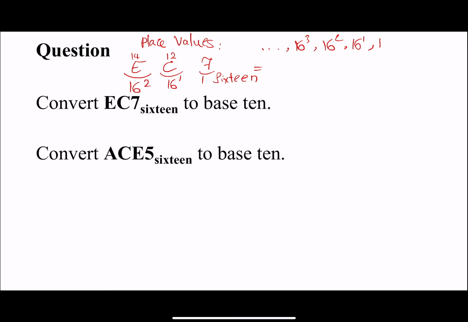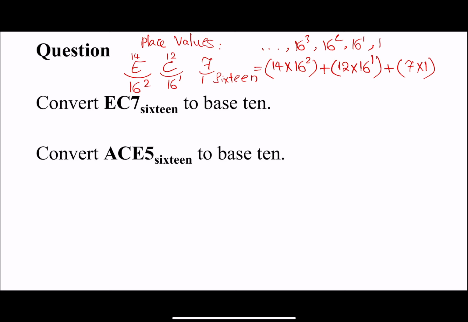So what I do is multiply each digit by its place value. The digit is 14 times its place value 16 to the second power. Add it to the next one, the digit is 12 times its place value 16, and then add it to the next one. The digit is 7 and its place value is 1. And then I add the results.